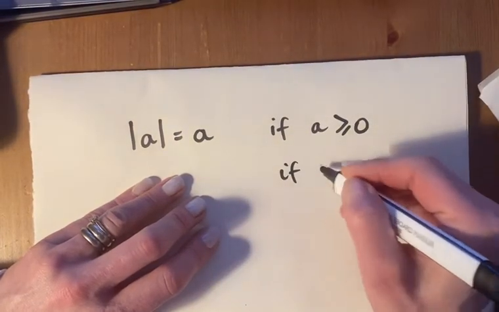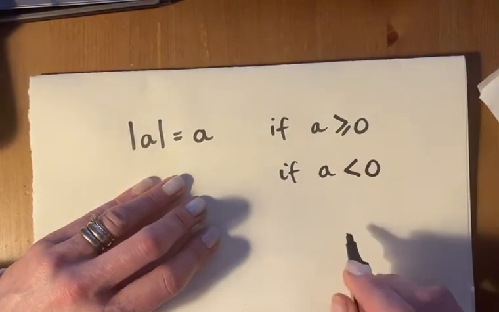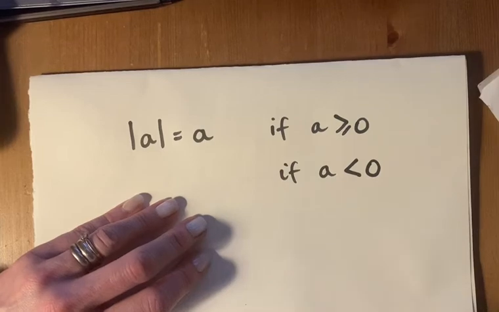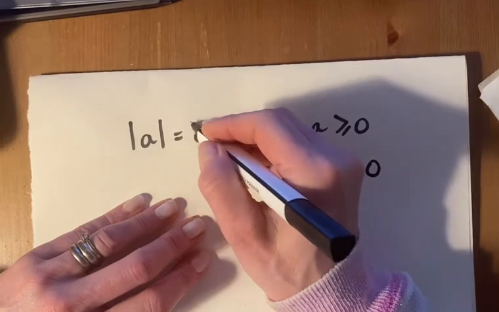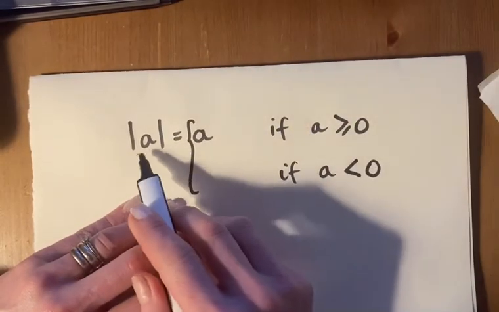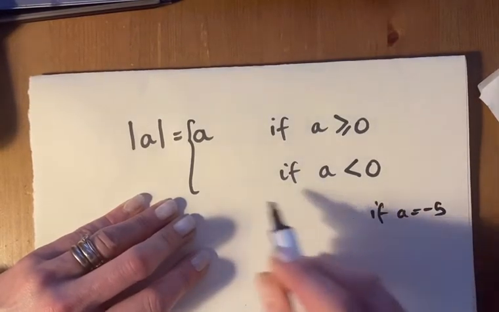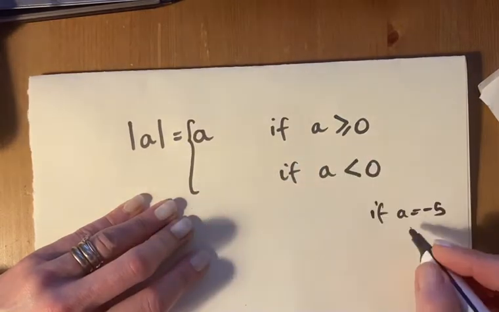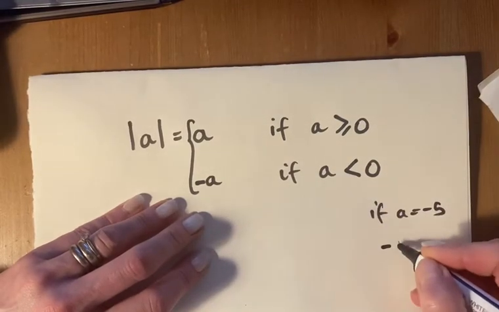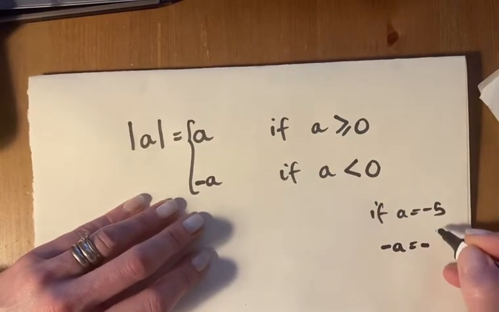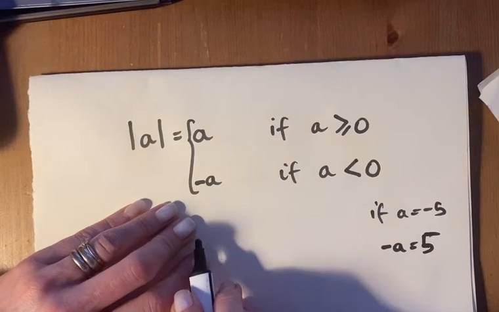If a is negative, for example minus 5, then modulus of a must be the opposite of that, so it's equal to minus a. If a is minus 5, then minus a will be the opposite of minus 5, which is 5. That makes the negative number into a positive.